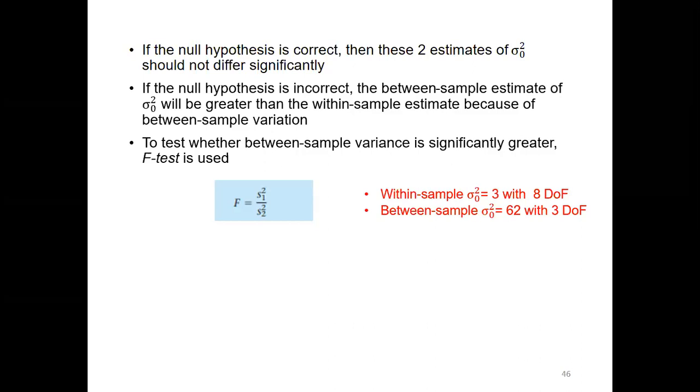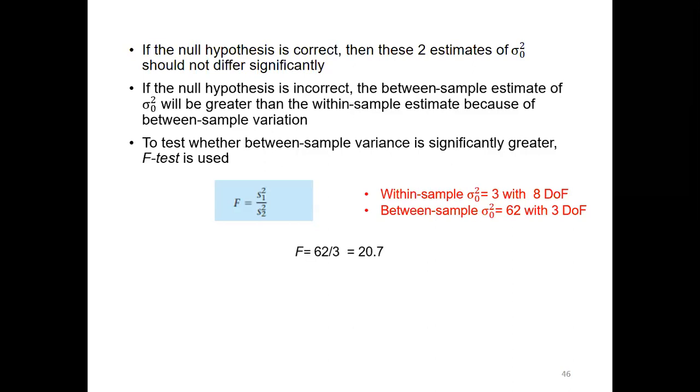In order to satisfy the condition that F should be greater than or equal to 1, instead of S1, I will substitute 62, the between sample variation. And instead of S2, I'll substitute the within sample variance 3.